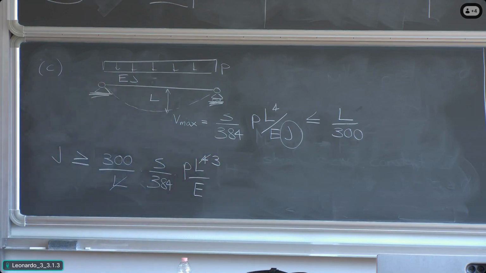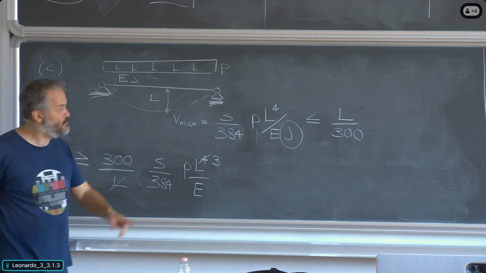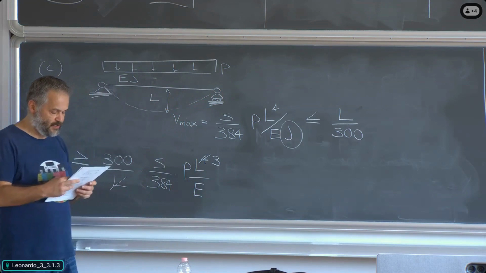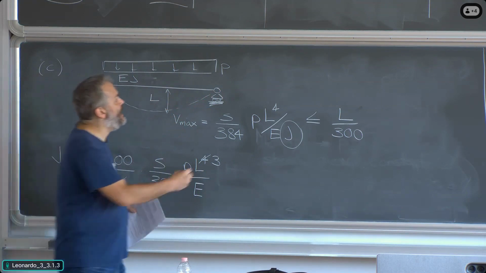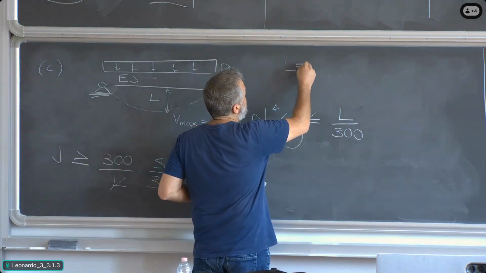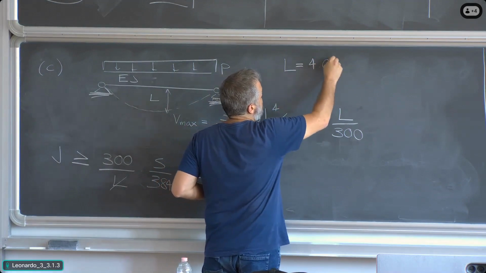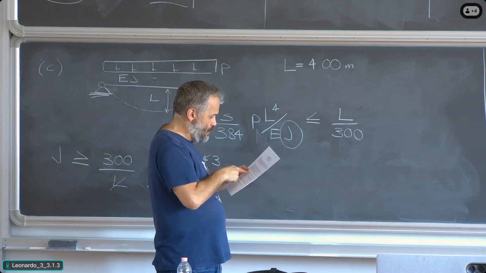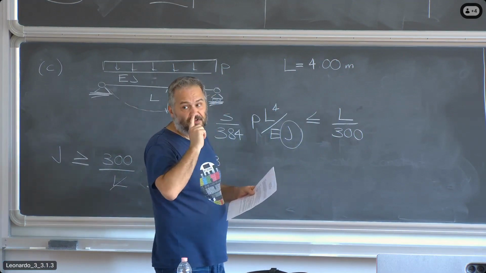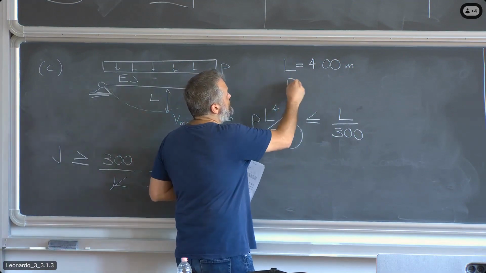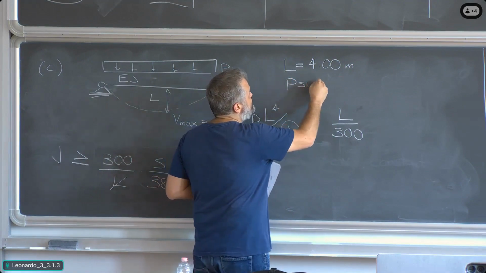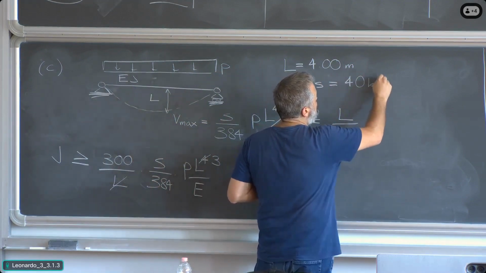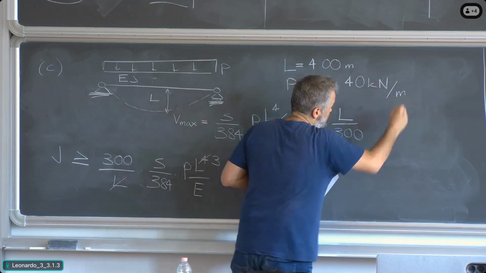And now we have to replace for the numeric values, which I'm going to write at the top right, close to this structural scheme. L is equal to 4 meters. The load at the serviceability limit states, which I'm going to indicate as PSLS, is equal to 40 kilonewtons over meter.